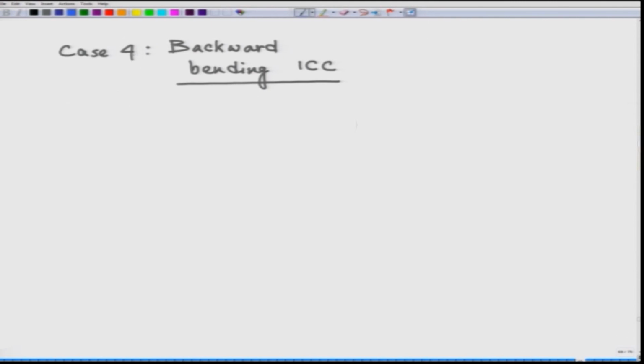It will just become forward bending, nothing else will change. So, it does not matter. So, here assume your commodity 1 is inferior, that means epsilon 1 I is negative. Now, let us draw the diagram.